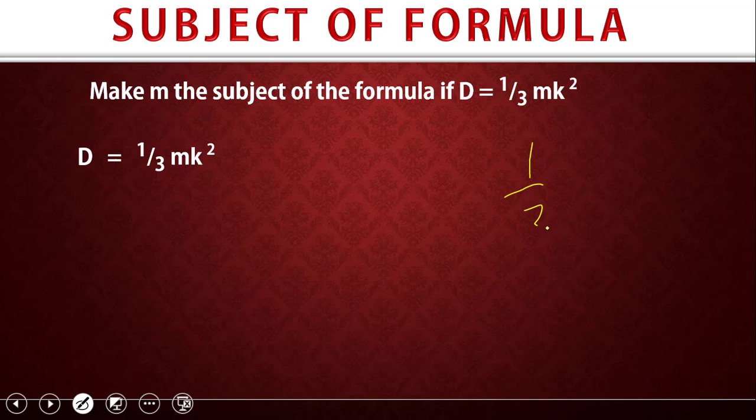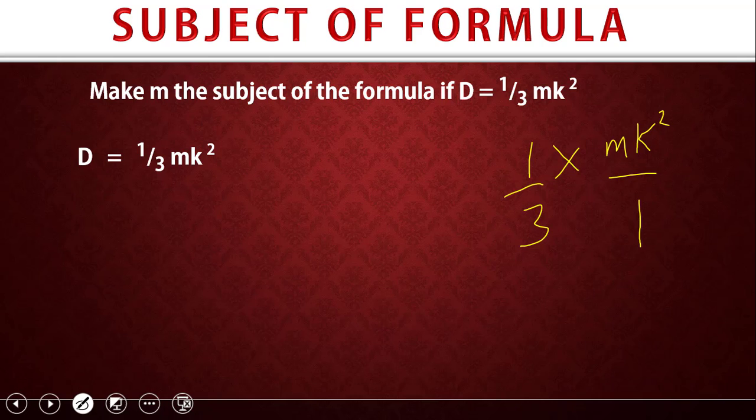1 over 3 multiplied by mk square. In this you can say over 1, since 1 over 3 is a fraction, so mk square over 1 is the same thing as mk square.